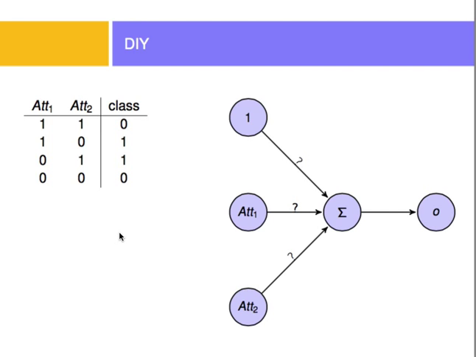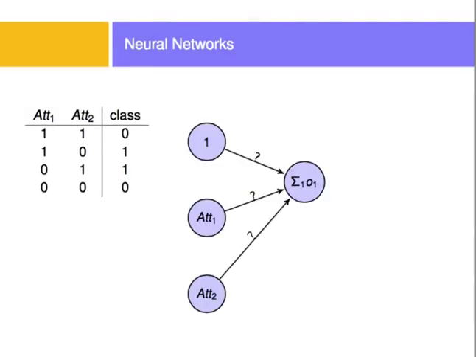However, and to be fair, not everything is solvable with neural nets, but there are some simple problems that a perceptron cannot handle. So what I'm going to do is combine perceptrons. We have the same set of attributes, and I have a perceptron.